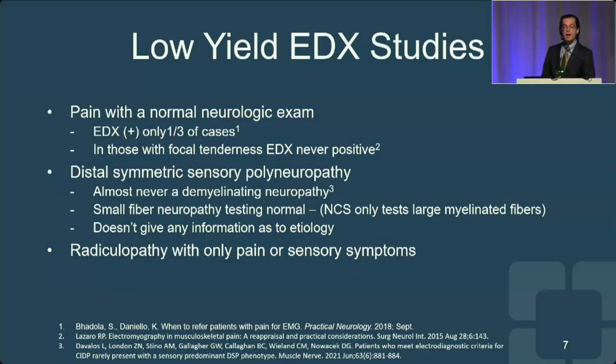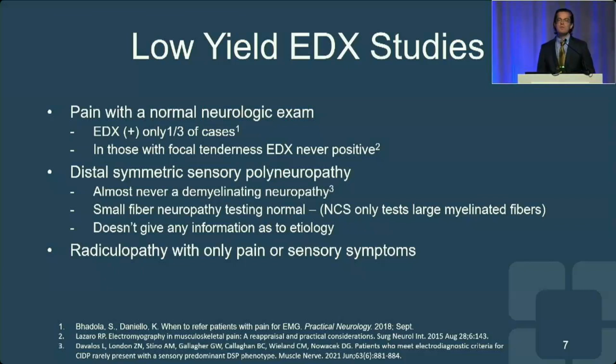One reason that I see people order electrodiagnostic studies for distal symmetric polyneuropathy is because they want to rule out a demyelinating neuropathy. But in patients who present with this phenotype, distal symmetric sensory predominant polyneuropathy, they almost never have a demyelinating neuropathy. Most of the time, if the EMG is abnormal in this setting, you see some axon loss, maybe the sensory amplitudes are a little low, but it doesn't really give you much additional information about the etiology.